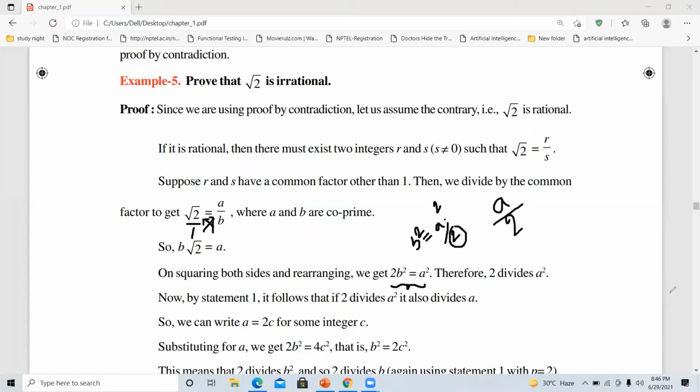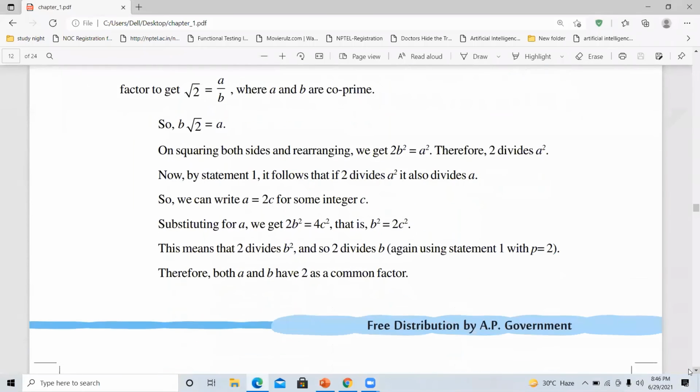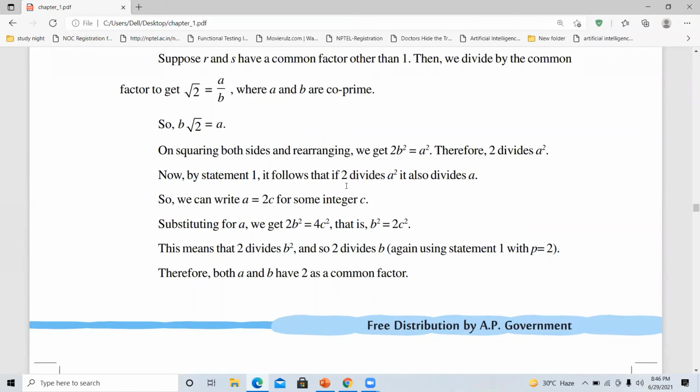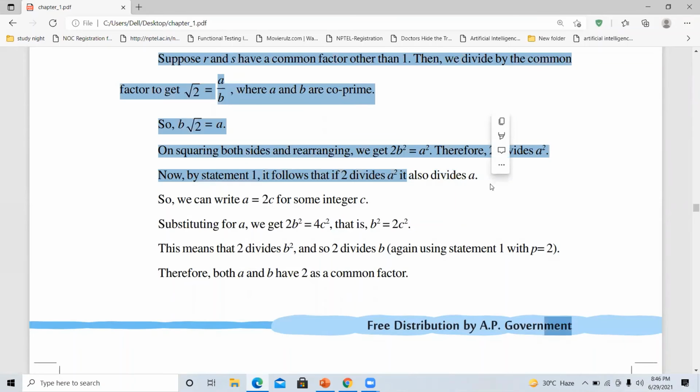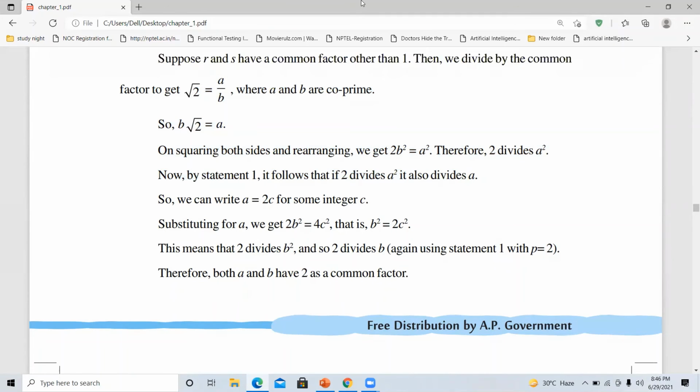Hence, if 2 divides a square, then it also divides a. In this way, we have completed all the steps so far. And the next step: by statement 1, it follows that if 2 divides a square, then it also divides a.